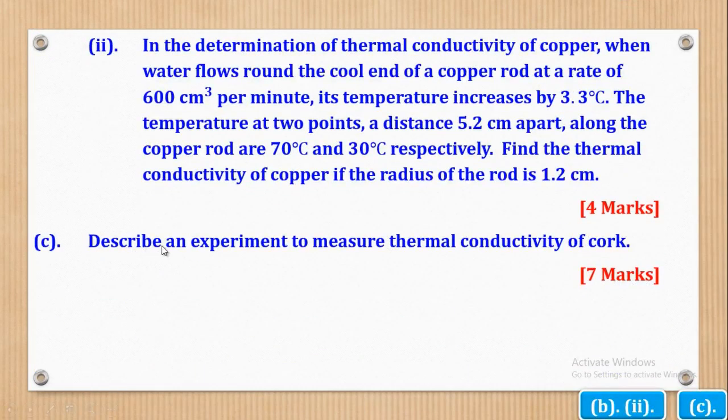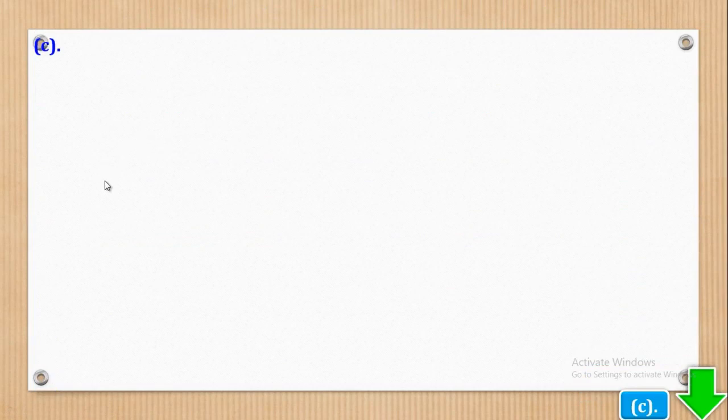Part C says describe an experiment to measure thermal conductivity of copper. So it is easily done when we draw a diagram. So let's first draw a diagram to ease the description.